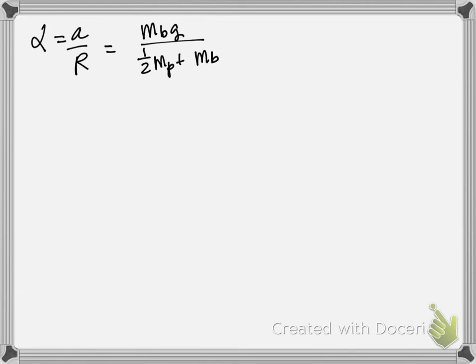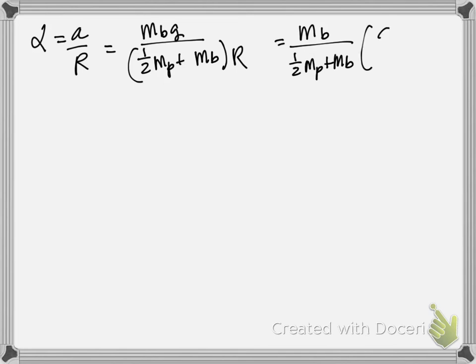Now I've got to multiply this by R here. So what the book did was the mass of the block over 1/2 the mass of the pulley plus the mass of the block, and then they just pulled out this G over R. It doesn't really matter how you do that, but the point is once you get the acceleration, you just divide it by the radius, and now you have the angular acceleration.